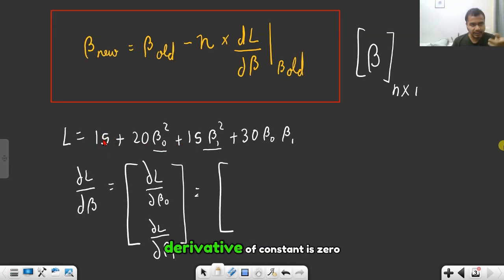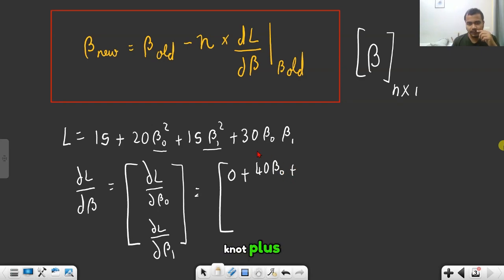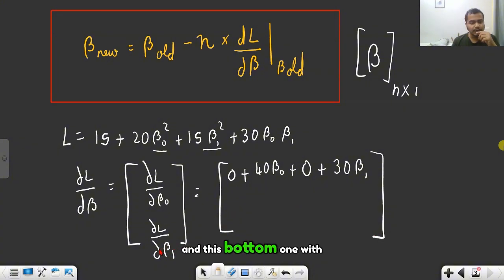Since this is constant, the derivative of a constant is 0, plus, differentiating this normally, 20 beta naught square is going to be 40 beta naught, plus this is a constant multiplied by 30 beta naught, so 30 beta 1. For the bottom one, with respect to beta 1, the constant gives 0, this gives 30 beta 1, and this is beta 1, so it's going to be 30 beta naught.